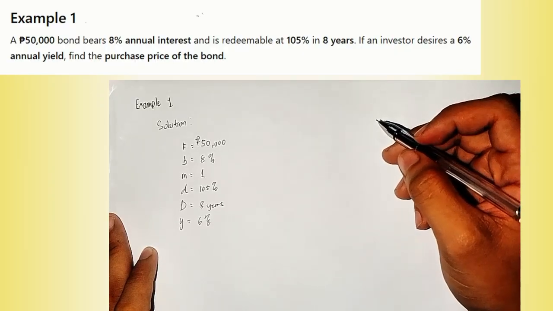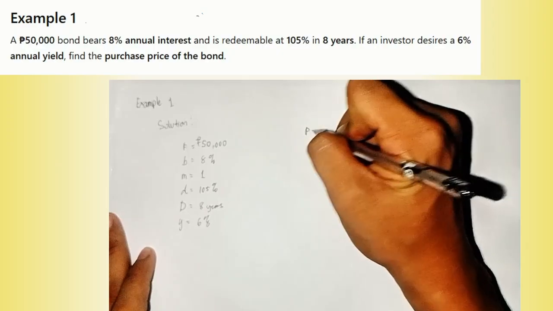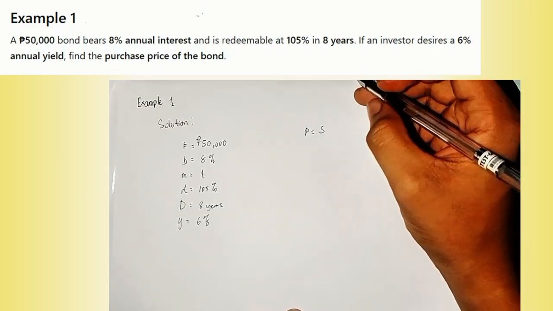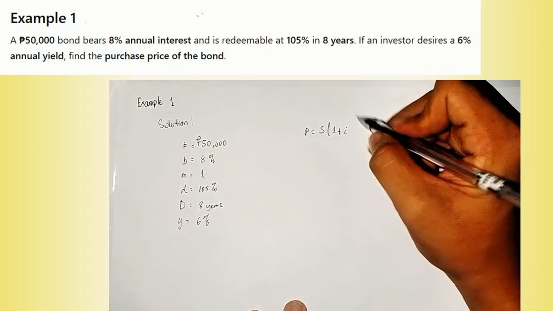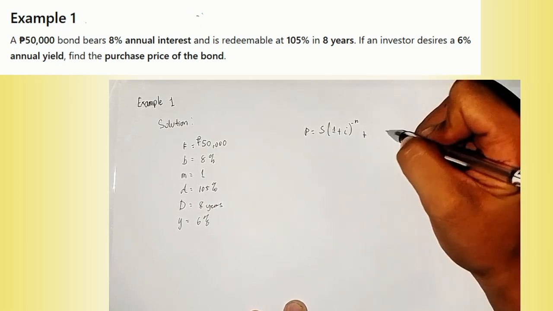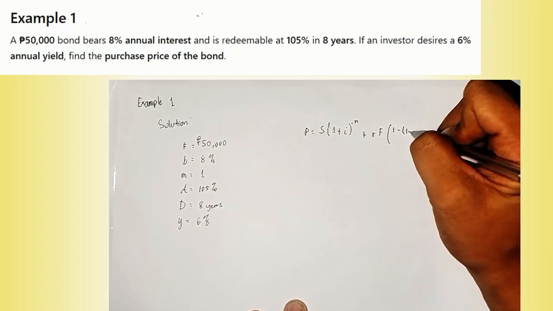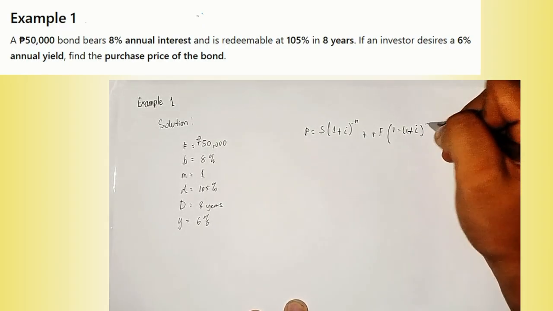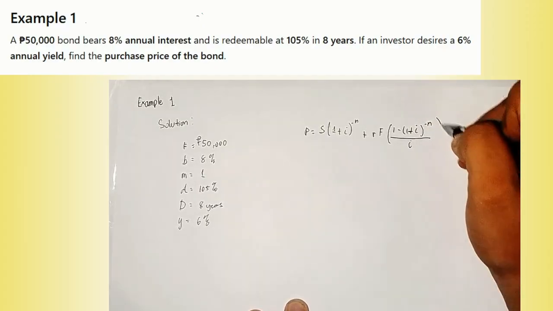We know that the formula for the purchase price of the bond is P equals S times (1 plus I) to the power of negative n, plus R times F times (1 minus (1 plus I) to the power of negative n) over I.